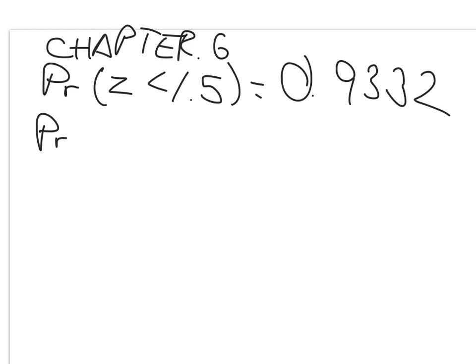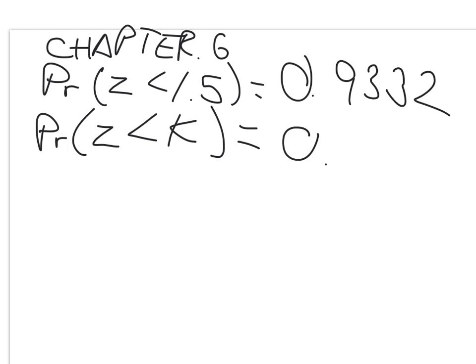I'm going to have the probability that z is less than some horizontal value, and z is equal to some probability. Okay, and this is the first one that we're going to do, but that just gives you an idea.